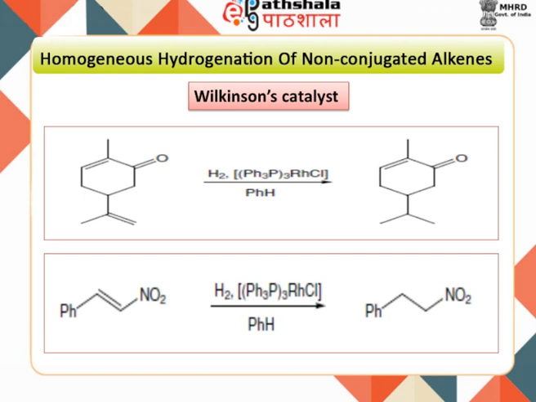Tri- or tetra-substituted double bonds are reduced much more sluggishly than mono- and di-substituted ones, permitting the selective hydrogenation of compounds containing different kinds of double bonds. For example, in the reduction of carvone, the hydrogenation occurred at the non-conjugated double bond. Another example is the selective reduction of beta-nitrostyrene to 2-phenyl nitroethane by reduction of the double bond without affecting the nitro group.